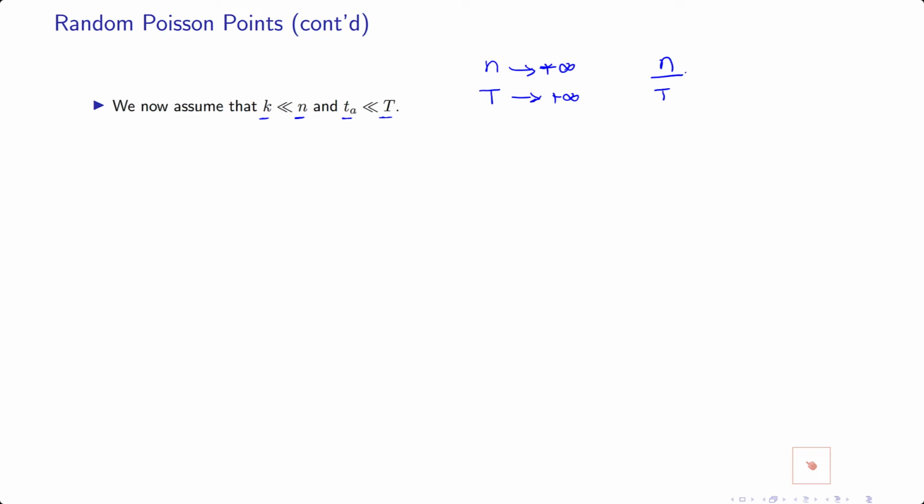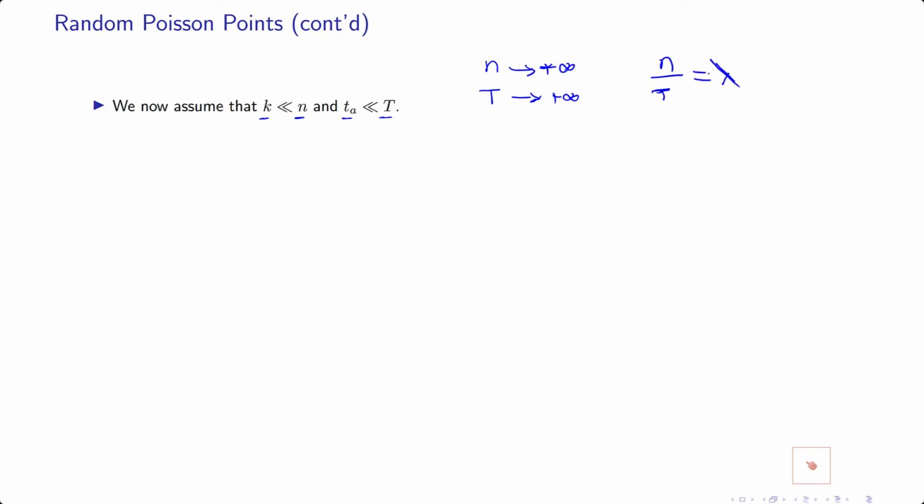Now we want to increase the time duration T. We assume either that k is much smaller than n and ta is much smaller than T, or that n and T both go to plus infinity, but the ratio of n over T stays constant.